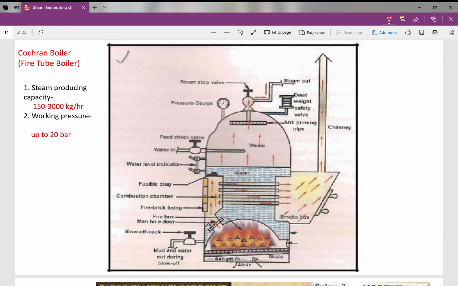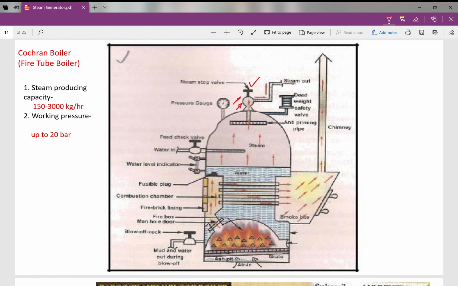Here is the steam stop valve, located at the top. Its function is to escape the extra amount of steam if steam pressure is beyond the design pressure.